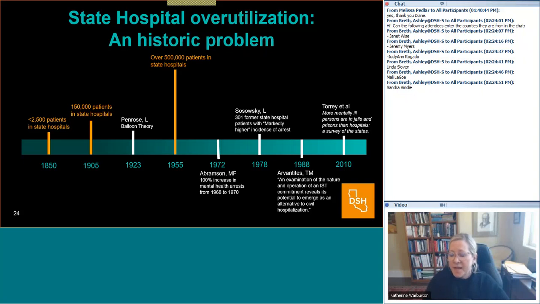And in 2010, Fuller Torrey wrote a very widely read policy paper talking about how more mentally ill persons were in jails and prisons than hospitals. I think everybody on this call, if you have enough interest in this topic to be on this call, has heard the statement that the 3 institutions in the United States that house the most psychiatric patients are all jails: Rikers Island, Cook County, and Twin Towers in LA. Next slide.